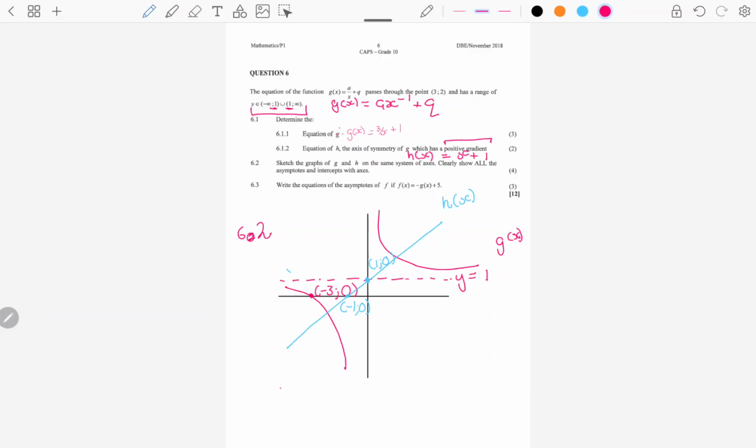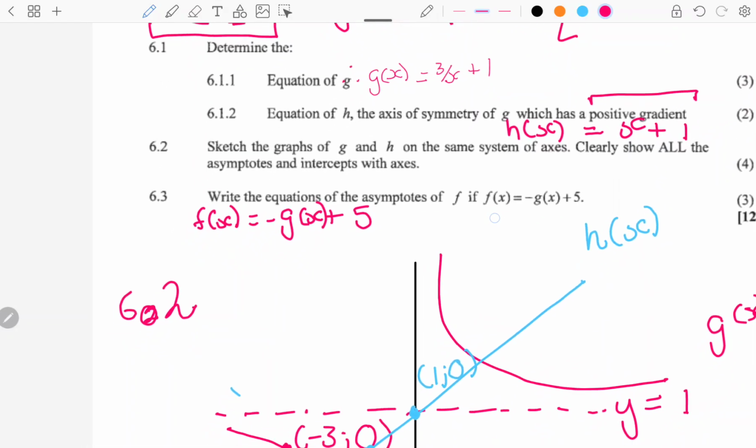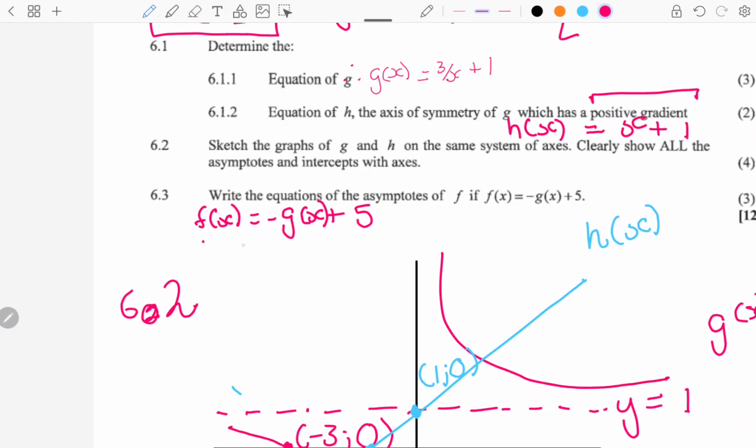Okay. So now they want to know the equations of the asymptotes of f if f of x was negative g of x plus 5. So f of x is equal to g of x plus 5, and we know g of x is 3 over x plus 1.